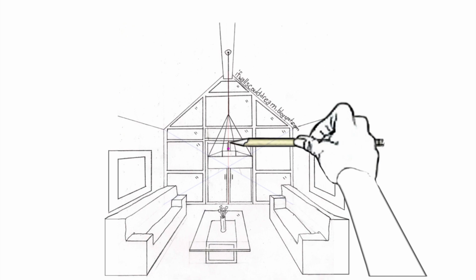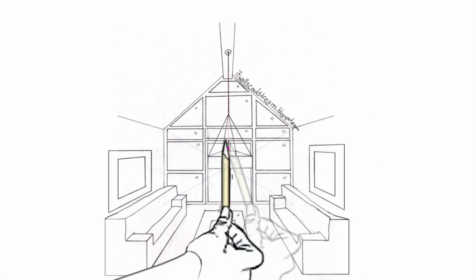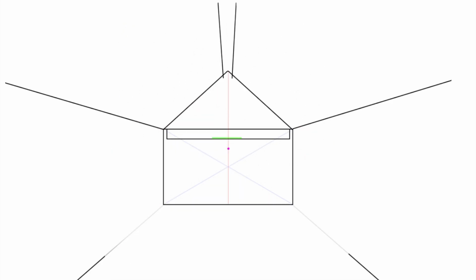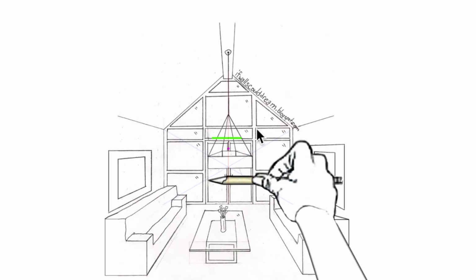Now, I am taking another unit of measure of half the distance of the primary rectangle, and I'm going to compare that to the height of where this bottom row of windows right here starts, right? And so then I know where to put this horizontal collection of windows.